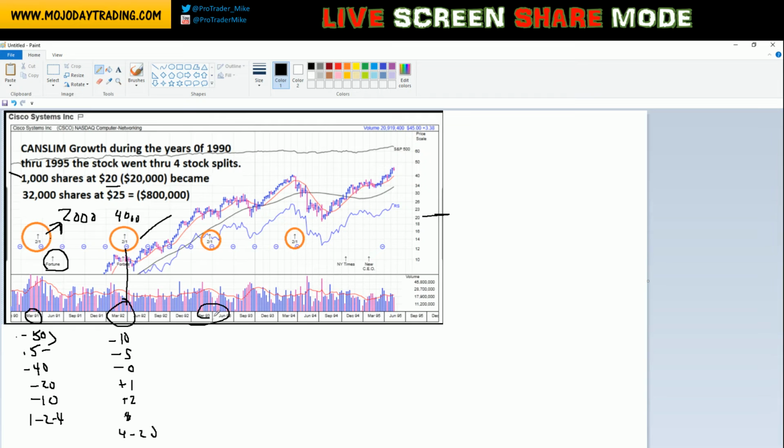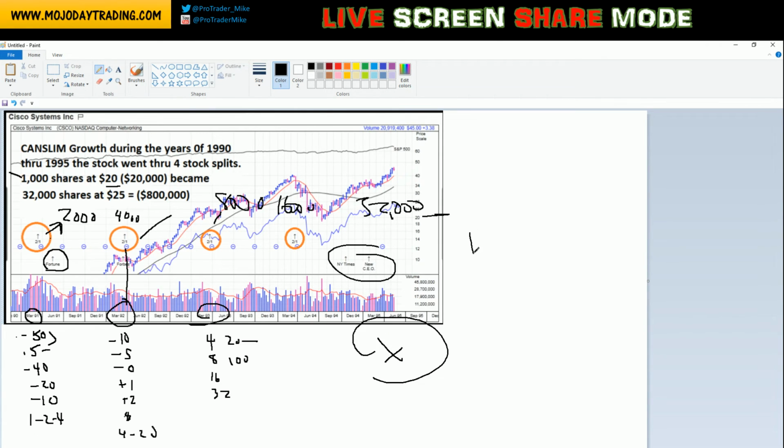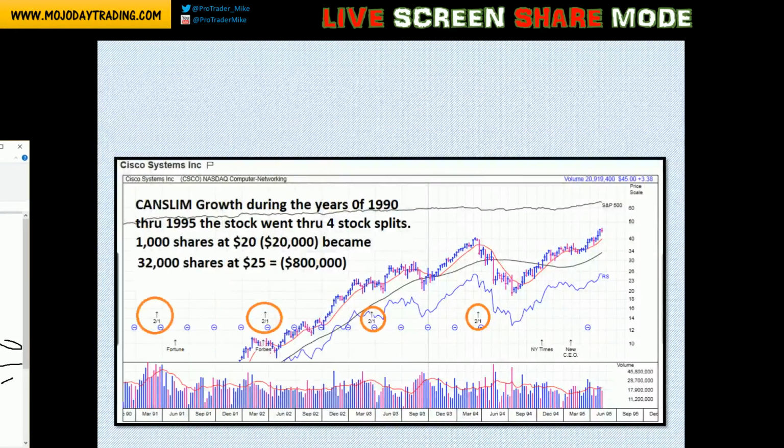And then the next year, it went from plus to 4, 8, 16, and 32 cents, from 20 million to 100 million every single quarter, and now you have 8,000. It did it here. 16,000. It was in new times and a new CEO, and then you had 32,000 shares before it finally broke the pattern, and you have $1 million in the stock. And that's the CAN SLIM system right there of growth.